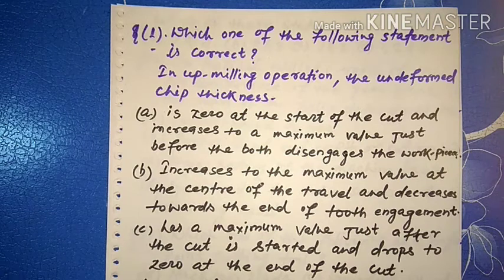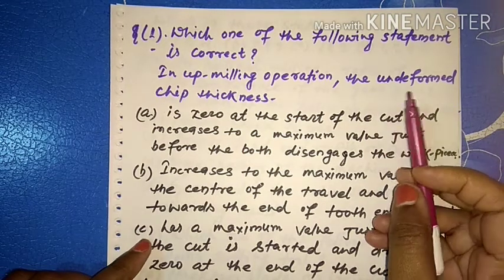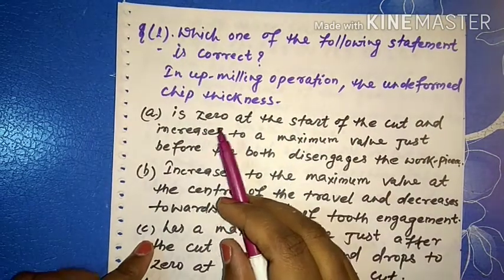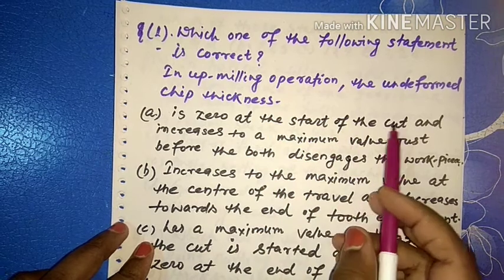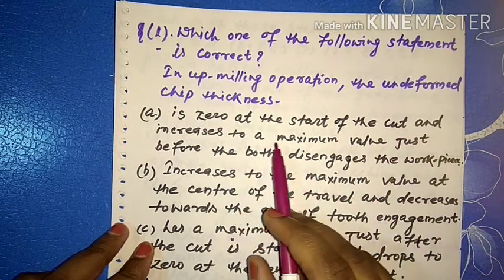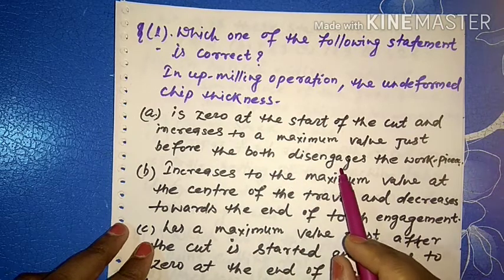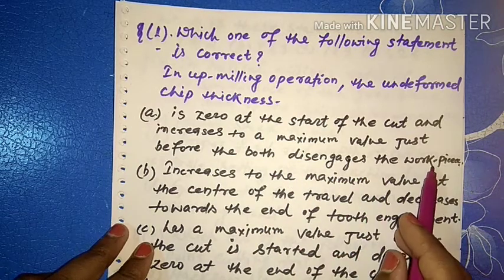Now we are going to start. Question number 1 is, which one of the following statement is correct? In up-milling operation, the undeformed chip thickness. Option A is 0 at the start of the cut and increases to a maximum value just before the tooth disengages the workpiece.